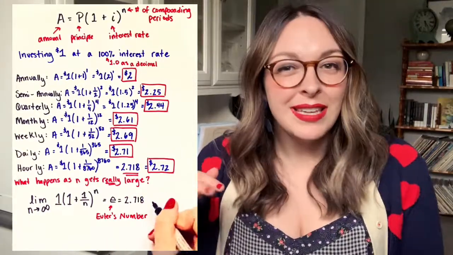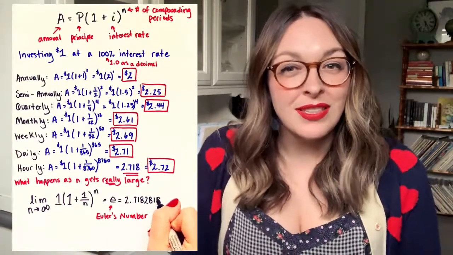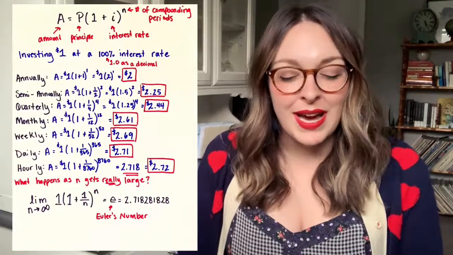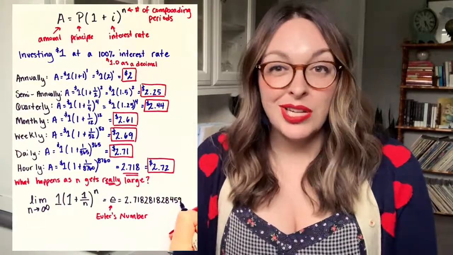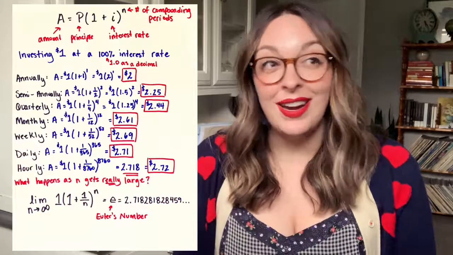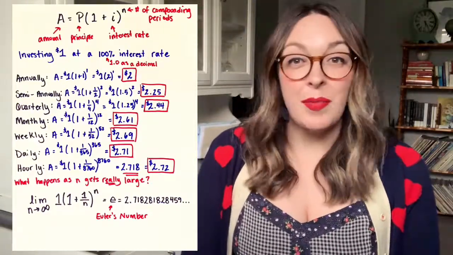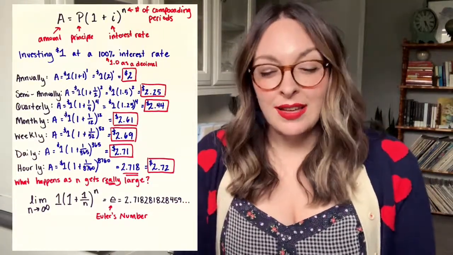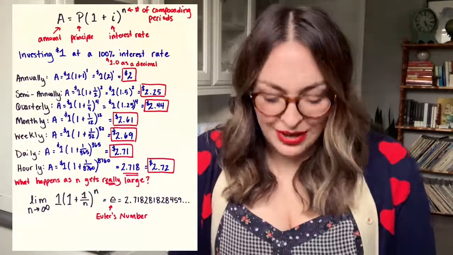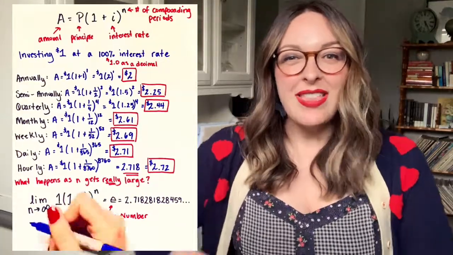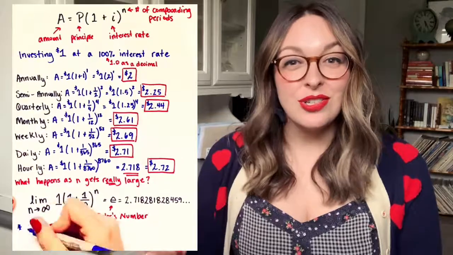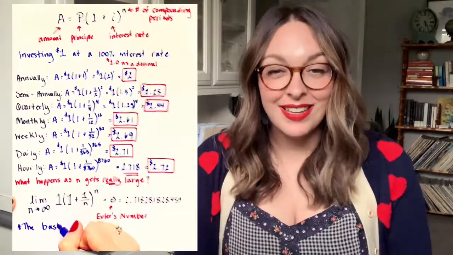2.718281828. See how it's lulling us into this false sense of security that we think that there's a nice pattern? After that, it just starts changing and we go to 459, and it keeps going like that without a pattern and without ending. So it is an irrational number. But this number and this theoretical situation is the basis for all of calculus.